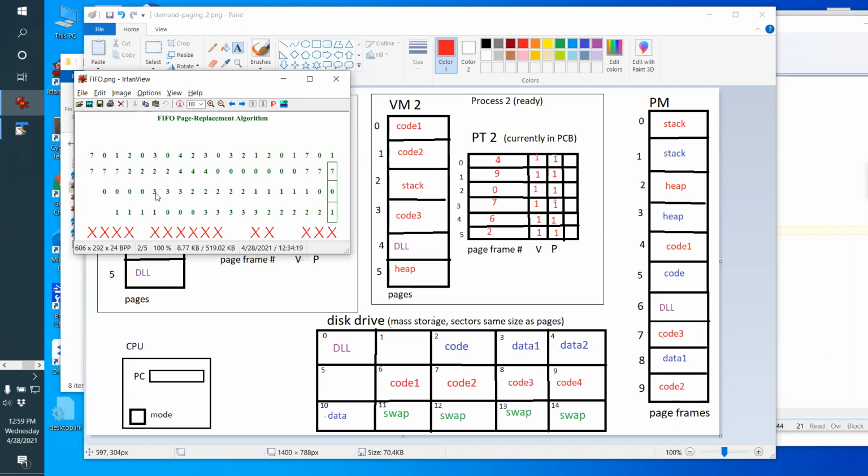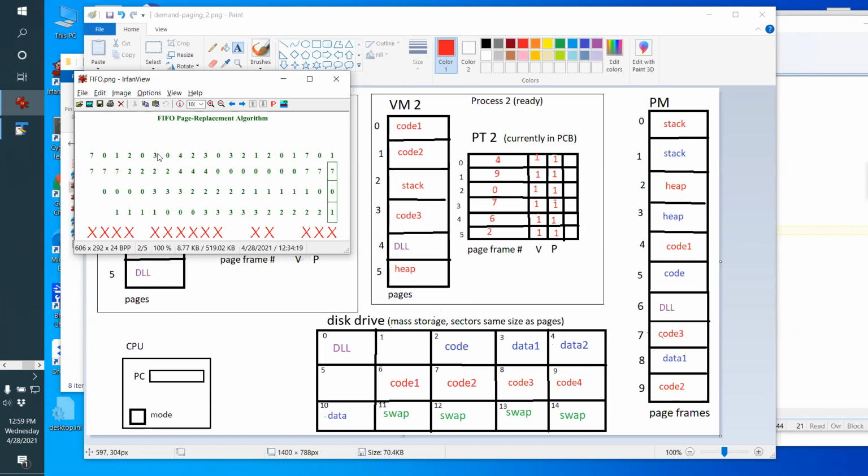Oh, I'm sorry. This is first in, first out, not last in, first out. I was reading this one wrong. This one, no, it kicked out 0. It kicked out the most recent one that was brought in. Okay. No, that doesn't make sense. I wonder if there was a mistake in this page.